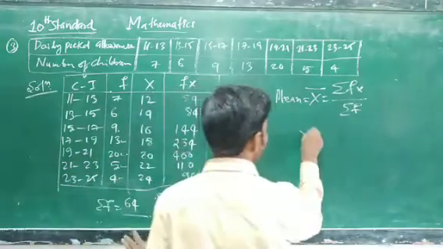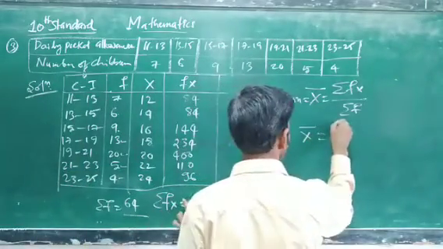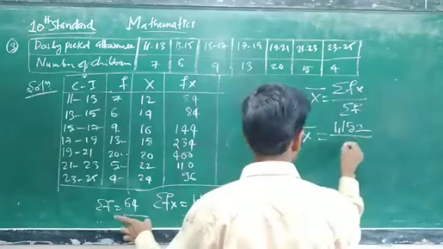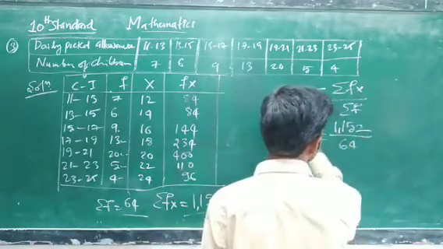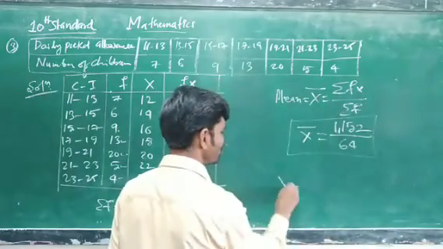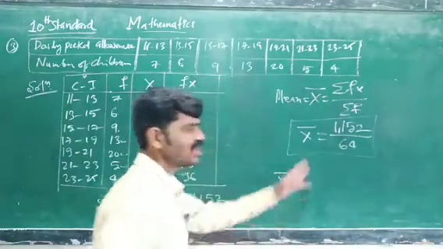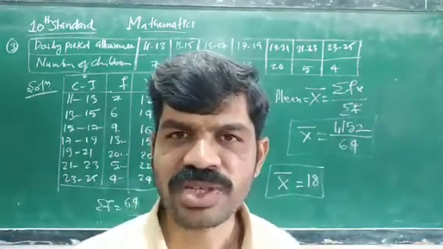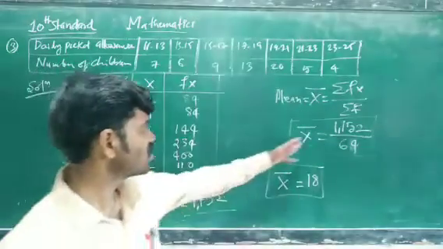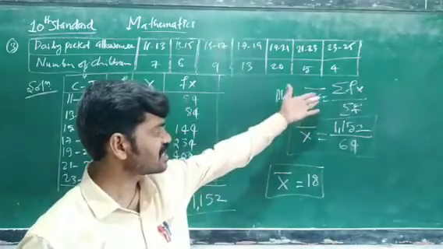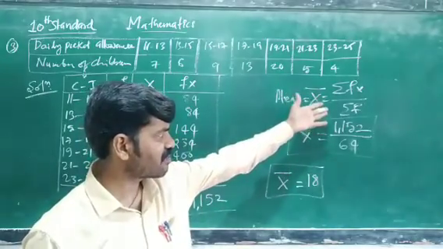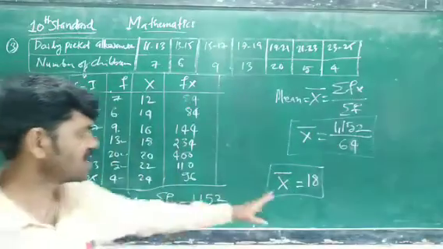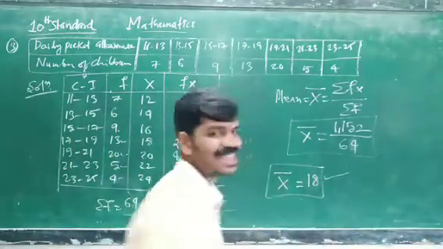So x bar, the mean, is equal to 1152 divided by 64. Divide this, you will get the answer. I hope you could understand this. So mean is summation of fx divided by summation of f. We have added the result and we obtained the mean is 18.